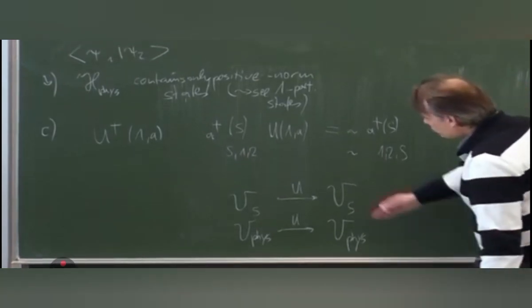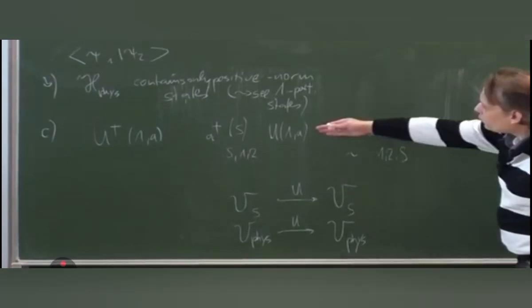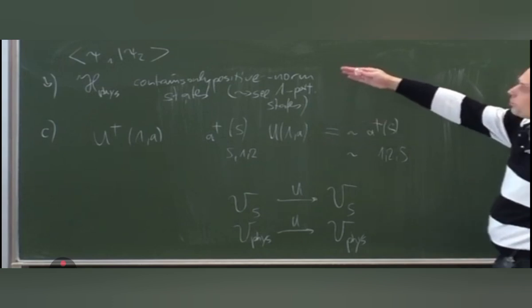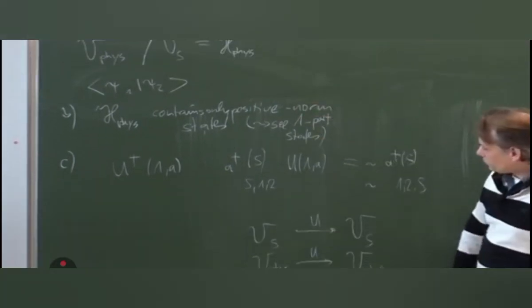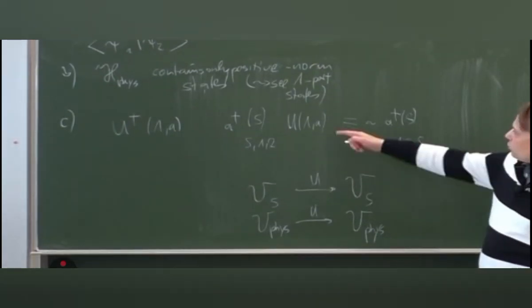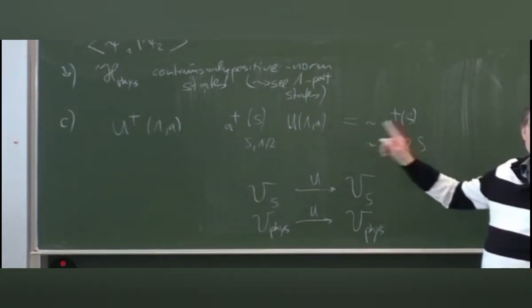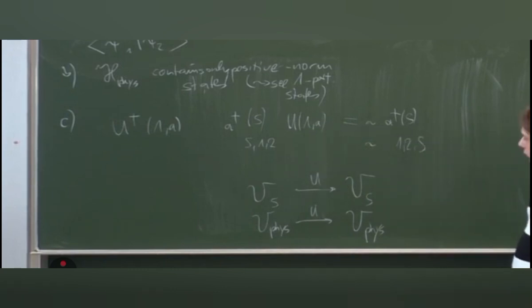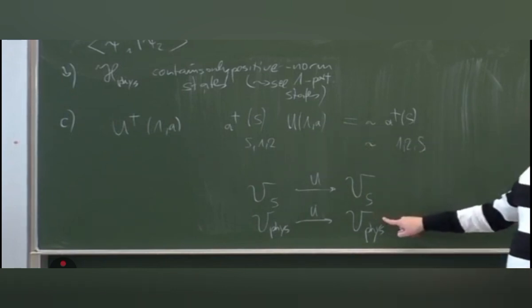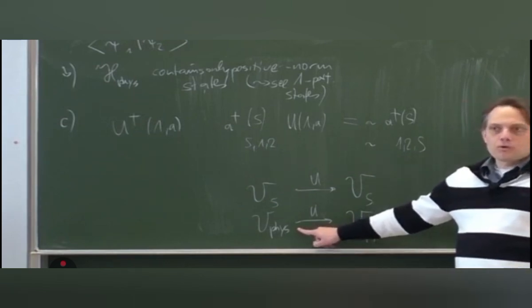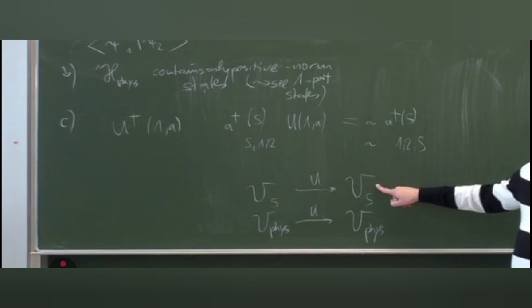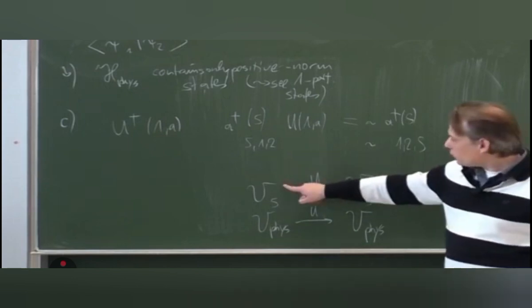And then it tells you what happens with Poincaré transformations on the physical Hilbert space. If you take an equivalence class, then you can apply a Poincaré transformation onto one representative of the equivalence class. That representative is physical, under Poincaré it remains physical. If you take any other member of the same equivalence class, it differs from the first one by Vs. Vs stays Vs under Poincaré.